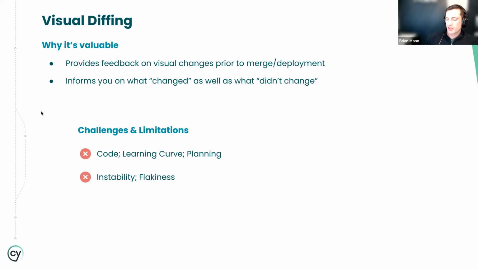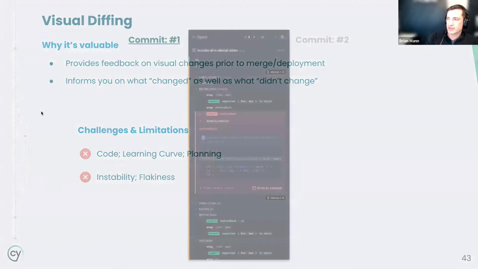You have assertions that don't retry, and a visual service has one shot to get the snapshot of what it receives exactly perfectly, and if anything is off about it, you're going to get a failure. That leads to a lot of instability and flakiness.